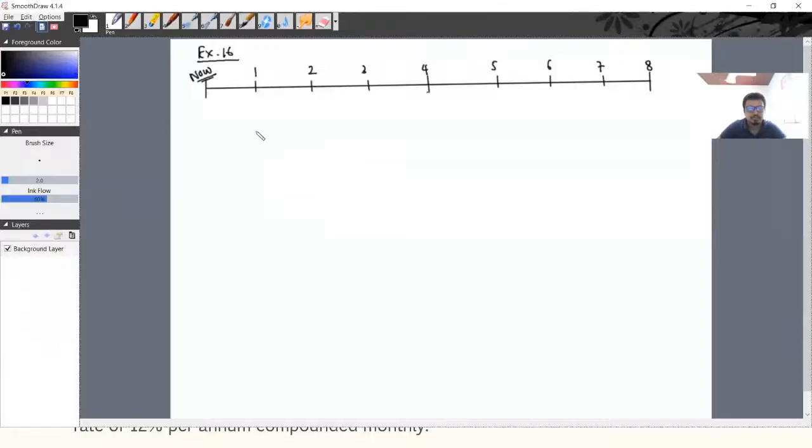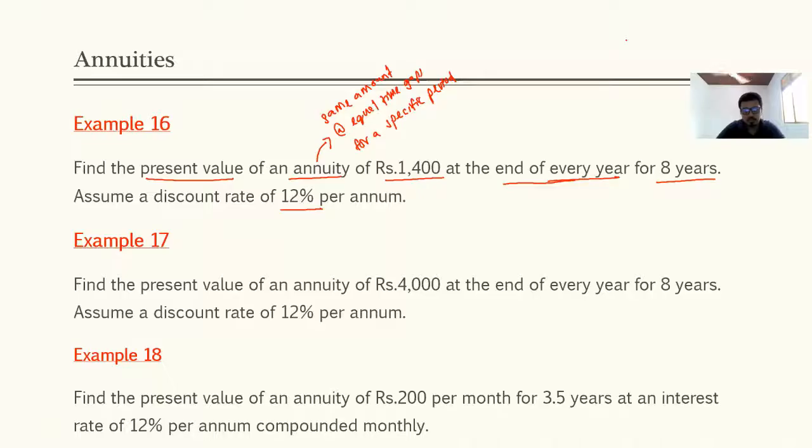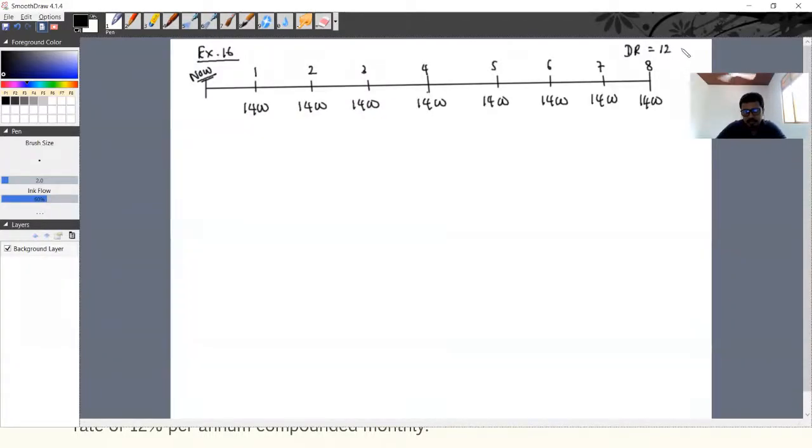That is 1,400. At the end of year 1, we need to make 1,400. At the end of year 5, 1,400. At the end of year 6, 1,400. Like that, up to 8 years, we need to make an equal amount of 1,400. The discount rate is given as 12% per annum.